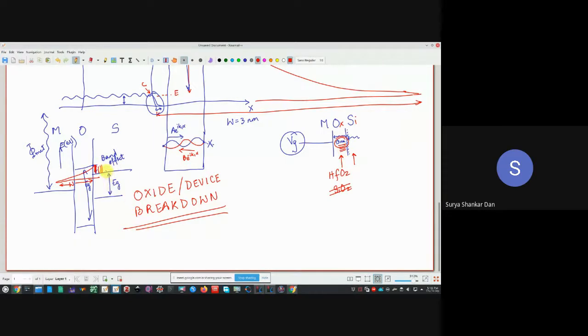This band offset will determine whether it is like this, or with, let us say, the green color, it is like this. So the electrons will not be able to reach the gate, meaning this tunneling cannot happen at all. Okay, so this is just one example, Shriya, just to answer your question.